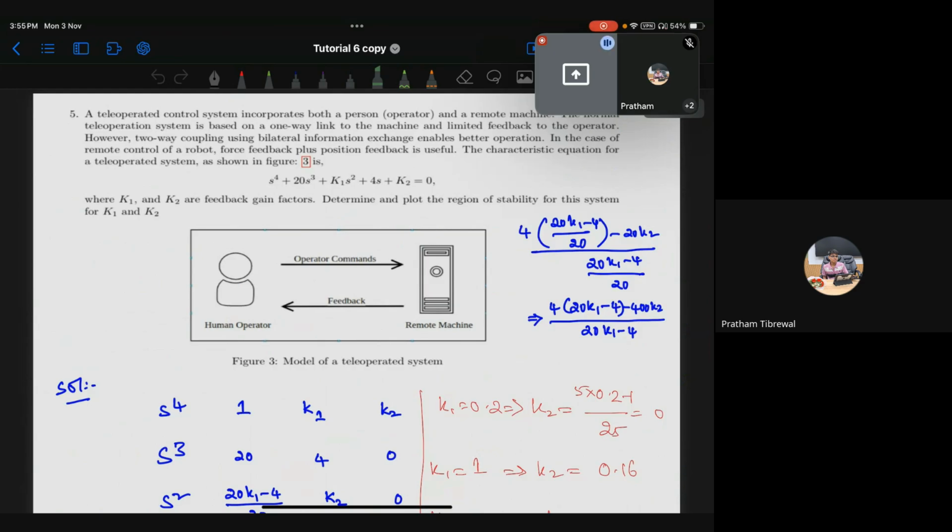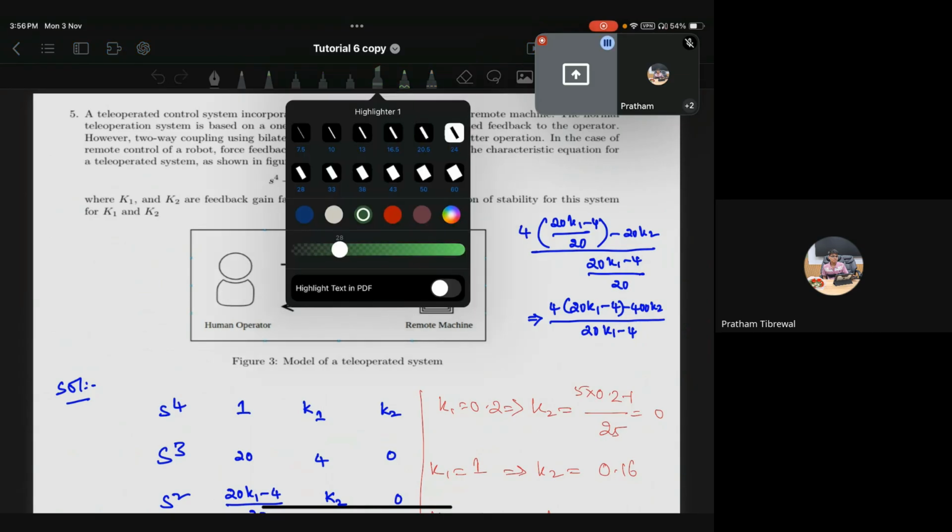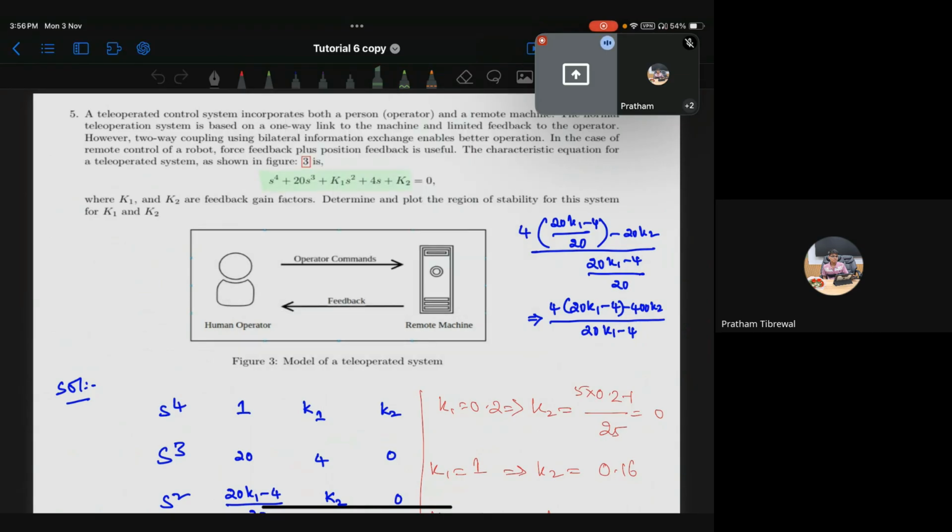So we have this teleoperated control system, where the operator can be a remote operator, or the operator can be a human operator. The problem says that we get a control system characteristic equation of this form, which has two constants.